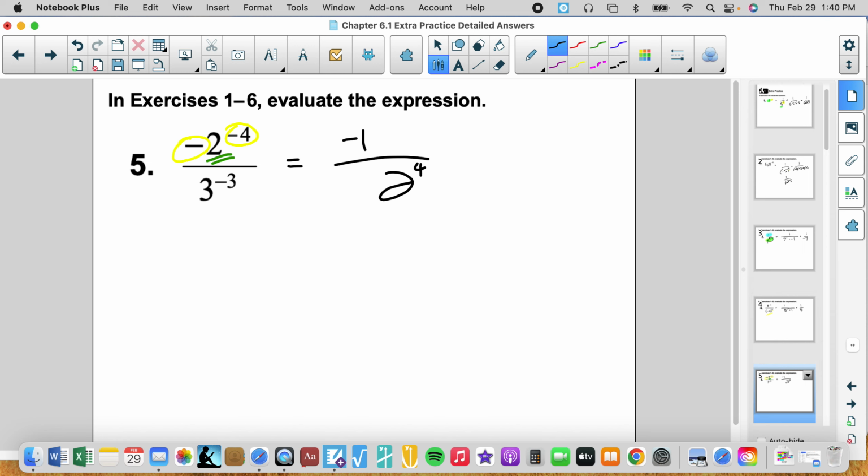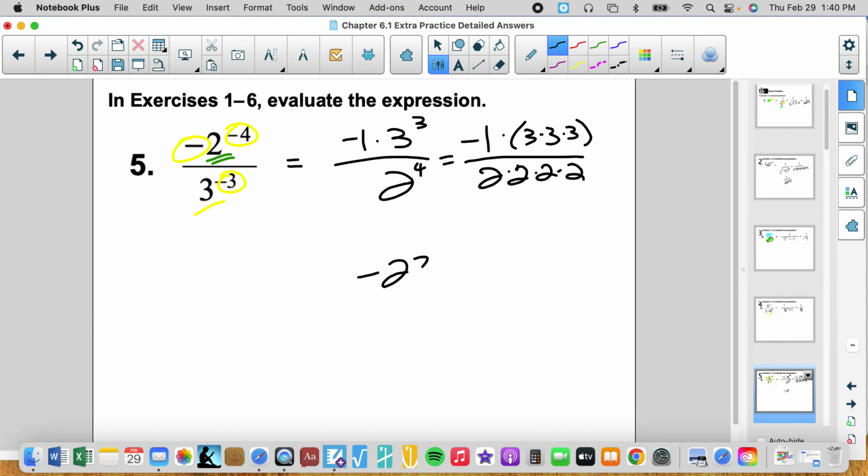And then we have this exponent and this base is going to move up. So that will move up 3 to the 3rd. And we have -1 times 3 times 3 times 3, which is 27. And 2 to the 4th is 2 times 2 times 2 times 2. So we have -27 over 16.